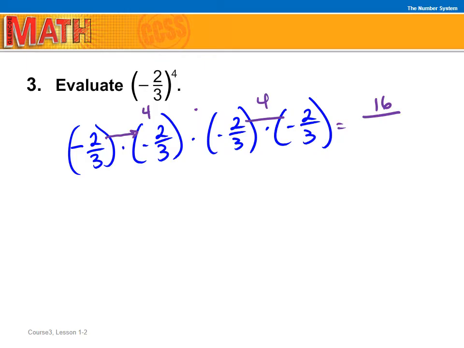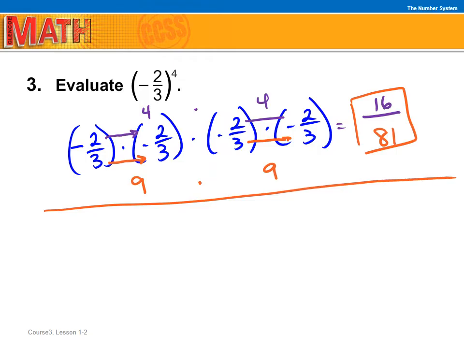Do the same thing in the bottom, 3 times 3, which is 9. Over here, 3 times 3, which is also 9. Combine them together, we get 81. 16 over 81. You can also write this as negative 2 times negative 2 times, let me put this in parentheses, negative 2 times negative 2.